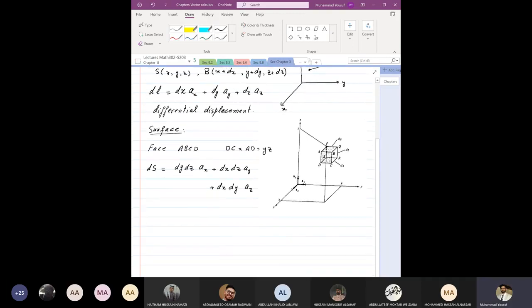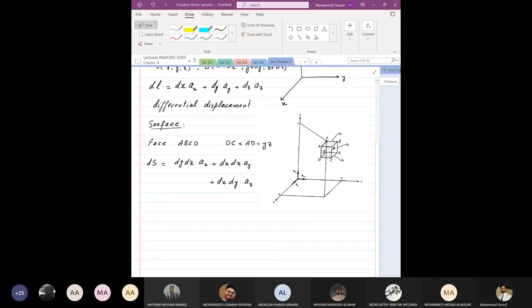So this is the differential, any small change in the surface area, and it is written as three components.